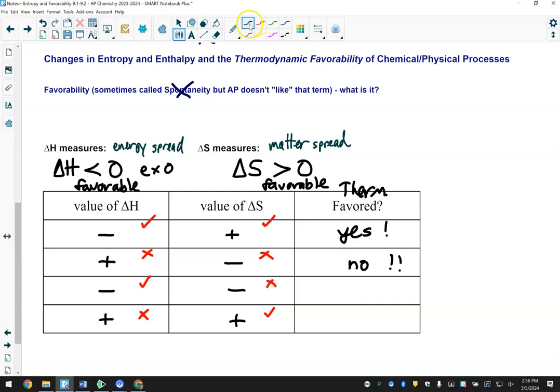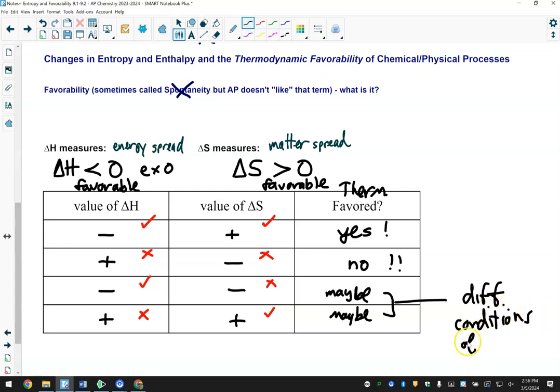And the thing about thermodynamic favorability is, it might be favored, and it turns out they will be favored under different conditions, especially of temperature, which will make these either favorable or not. But at this point, it's a maybe.